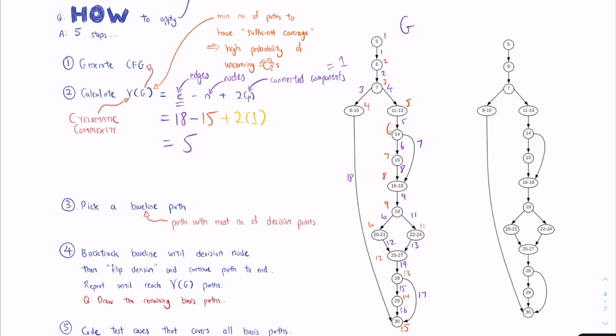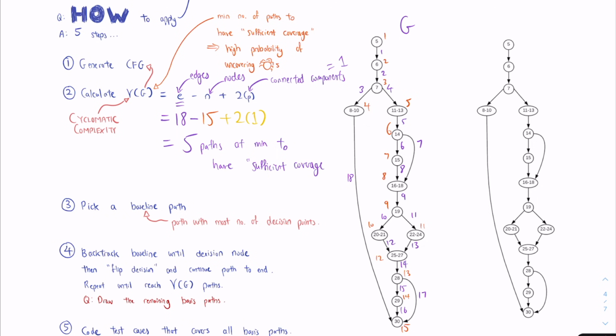And what does 5 mean? This 5 refers to the minimum number of paths that you need to write test cases for to have so-called sufficient coverage.